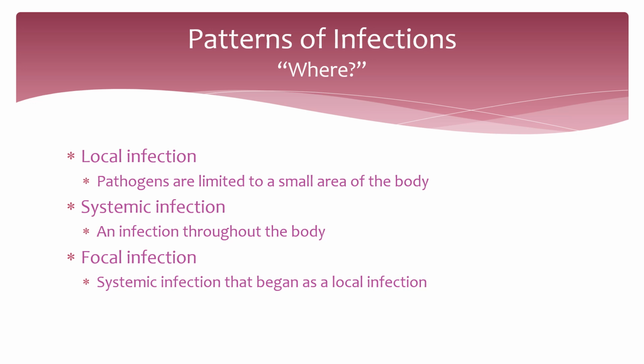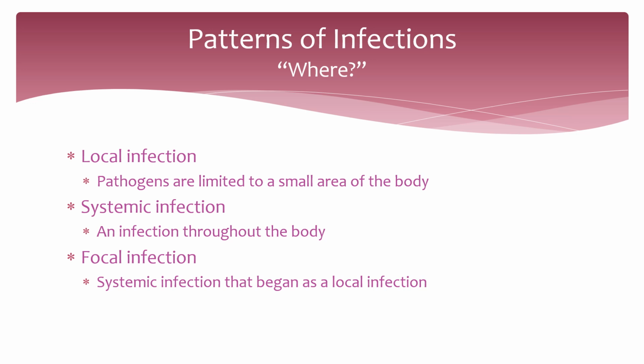This is going to be one area where the infection is limited to just that one area versus a systemic infection where the infection has now moved to the whole system throughout the body. This is usually where the infection piggybacks into the bloodstream and rides essentially that highway throughout the whole body.